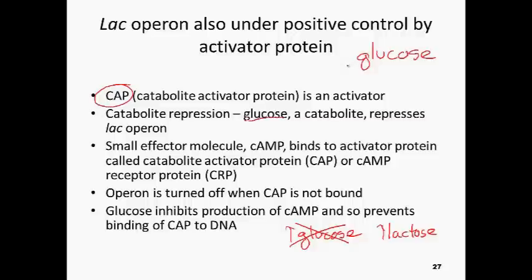So as a cell encounters high levels of glucose, we are going to have low levels of cyclic AMP. So glucose represses the cyclic AMP levels. However, when glucose is at low concentrations in the cell, cyclic AMP levels subsequently rise. So it's inversely proportional.